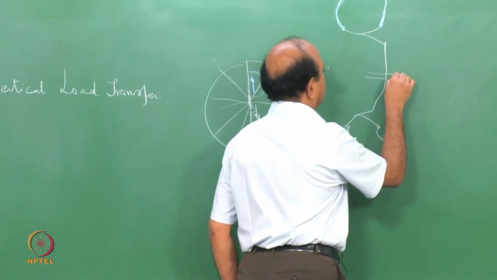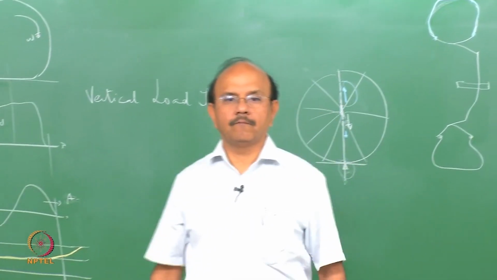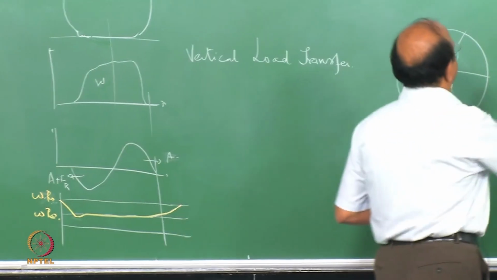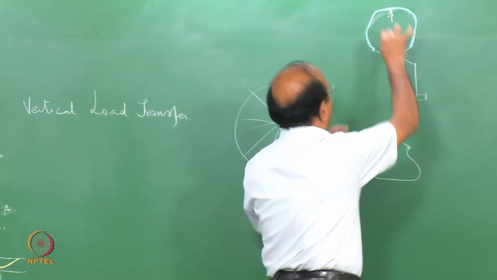Now let's see what happens. That's the axle. Let's look at what happens to this whole situation. Of course, the first thing you would say is that, look, that's the inflation pressure, that's how it acts throughout.